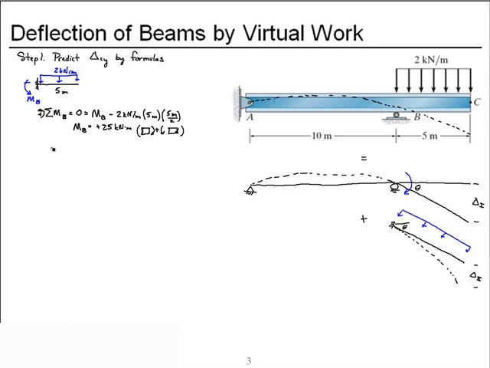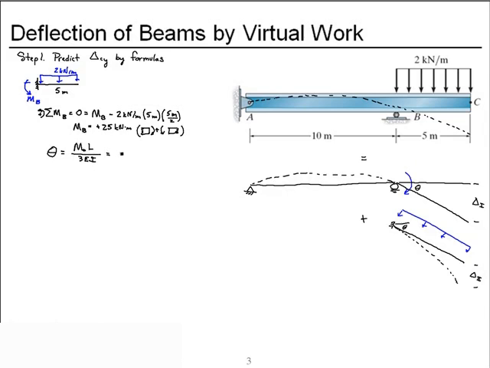So now let's use that formula for slope at the end of a simply supported member with a couple moment applied, and it's the couple moment times the length of the member over 3 EI.